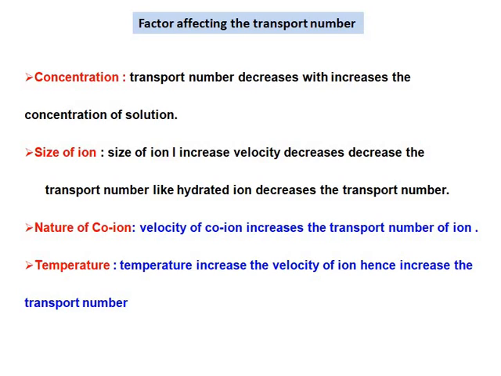But sometimes temperature will also increase the velocity of the co-ions, and we observe that with increase in temperature the transport number of all ions approaches a limiting value of 0.5. Hence, temperature acts as a leveler, bringing the velocities of all ions on par.